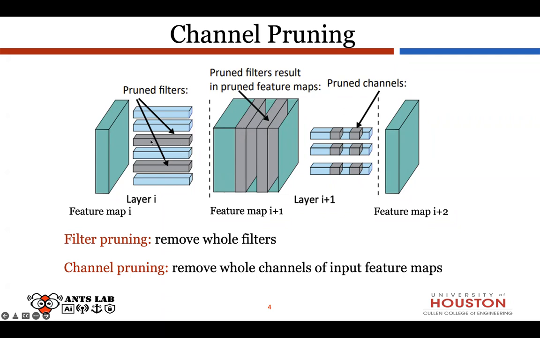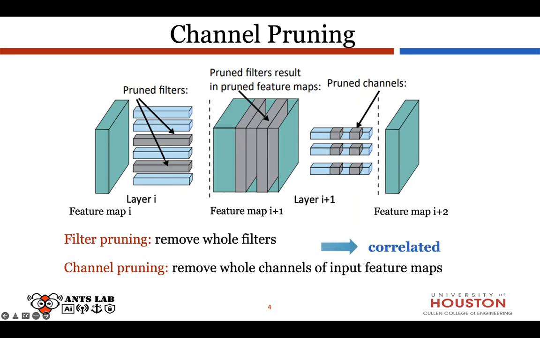So filter pruning means we remove the whole filter, thus resulting in removing the channels in the output feature map. That's the filter pruning. And the channel pruning means we also want to remove the whole channels of the input feature map as shown in layer I+1. We prune the weights of all filters in the same location to achieve that goal.